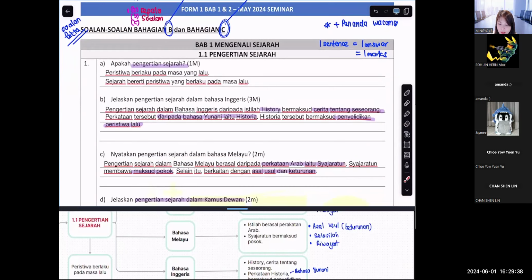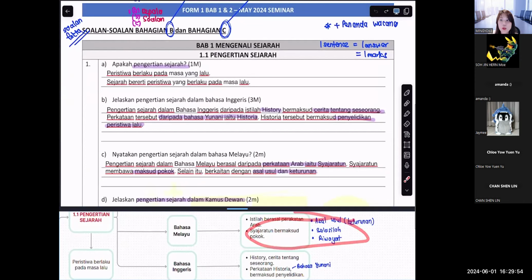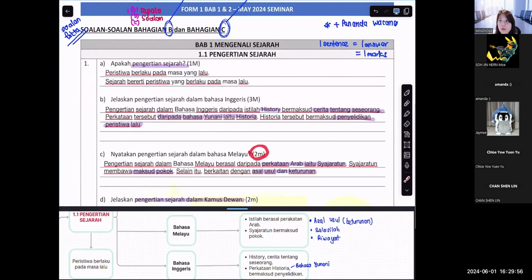For example, here: pengertian sejarah dalam bahasa Melayu berasal daripada perkataan Arab, yaitu syajaratun. Syajaratun tersebut membawa maksud pokok. Selain itu, berkaitan asal-usul dan keturunan. Then you get an extra 1 mark. I mean, an extra 1 point, I mean, extra in case.